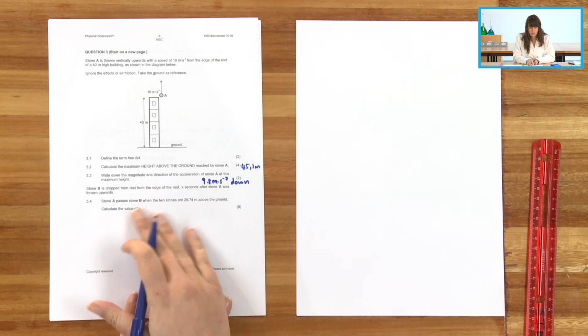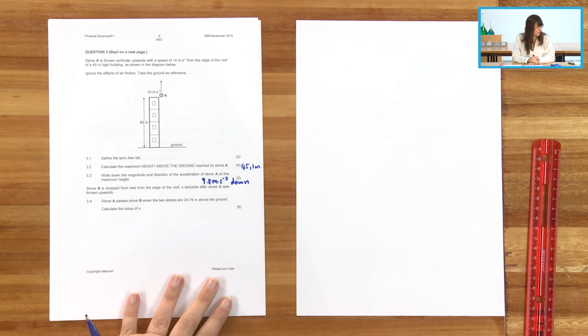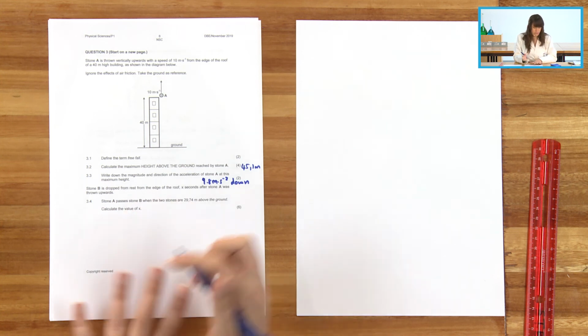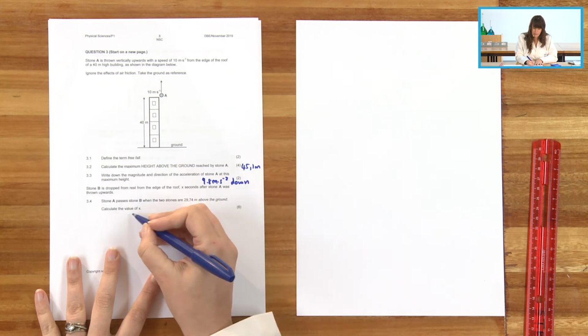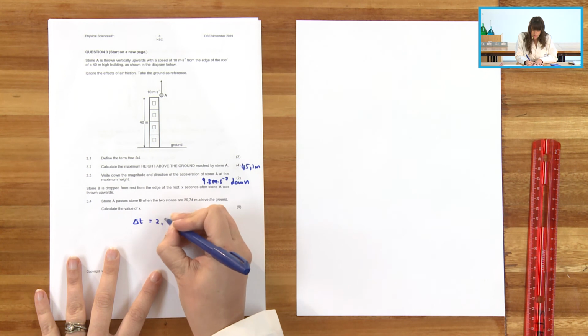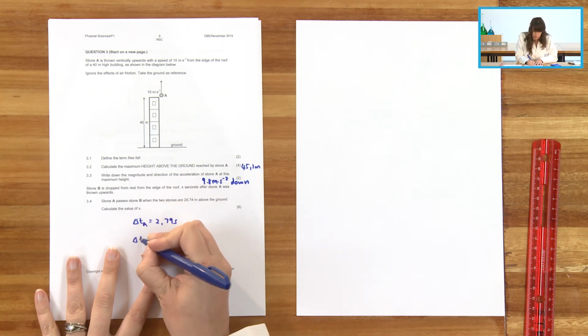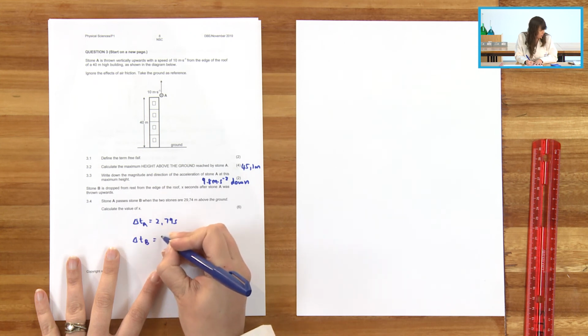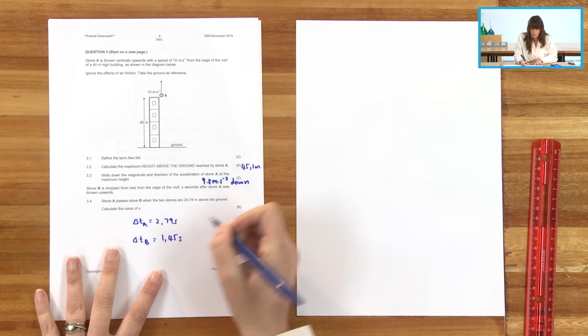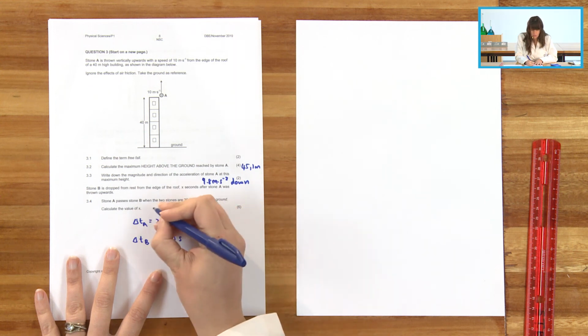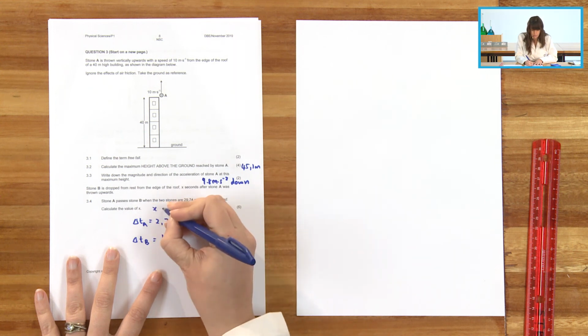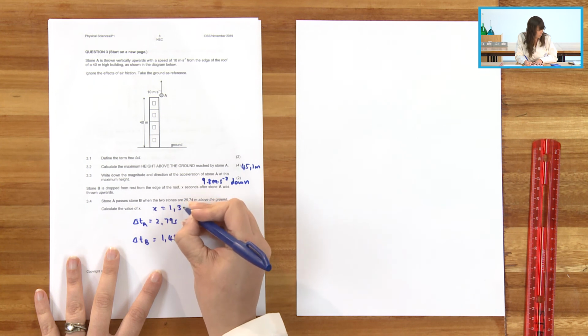And then we had to calculate the time for each of the stones, which we found: for stone A, the total time was 2,79 seconds, and the total time for stone B was 1,45 seconds. And so we found, in this case, the question was asking for X, which was the difference in time, which was 1,35 seconds.